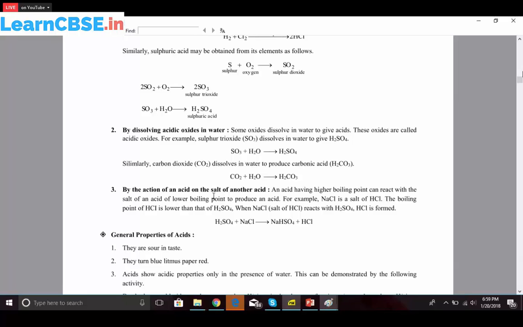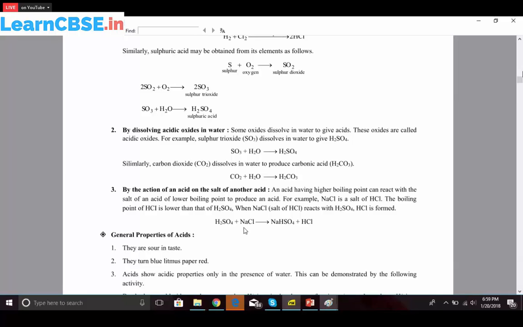Then, by the action of an acid on the salt of another acid. For example, say I would like to prepare HCl. I am taking one acid, H2SO4, and the salt of the acid I would like to prepare. So I have to take Cl in common and one metal with it, so we take the salt.